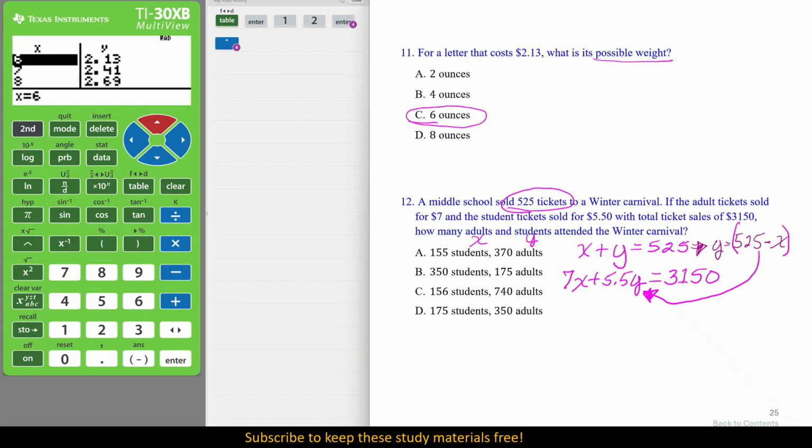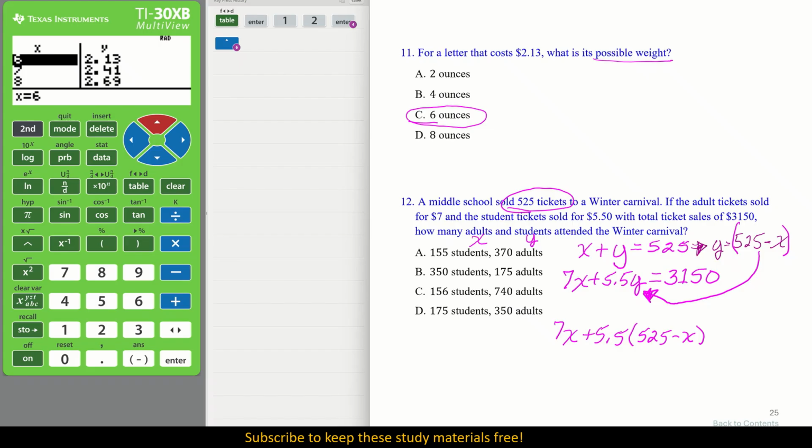Now, we can actually put that in the calculator. If you watch the other videos with me, you know what I did. This is what we need to do: 7x plus 5.5 in parentheses 525 minus the x.